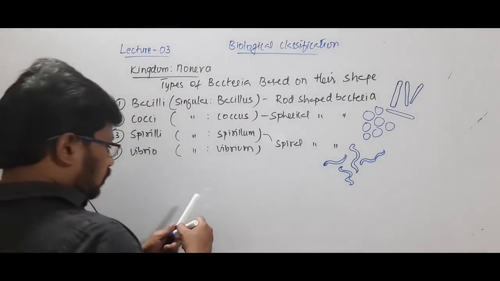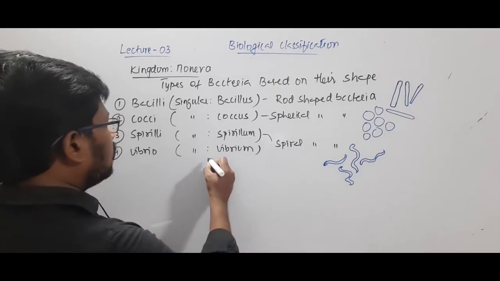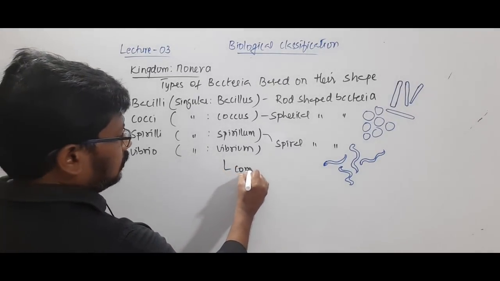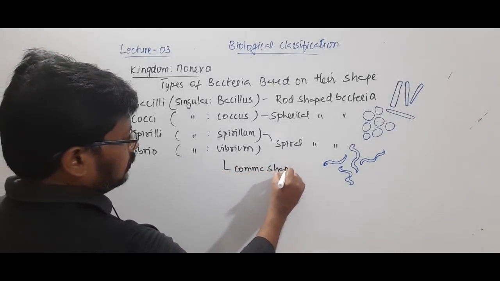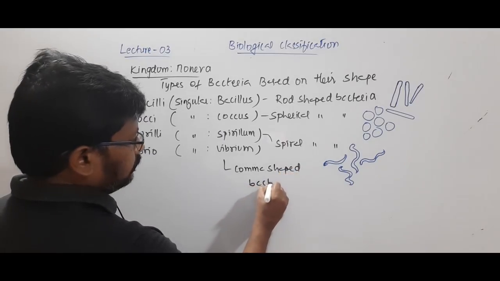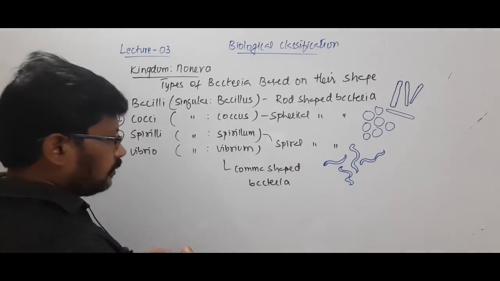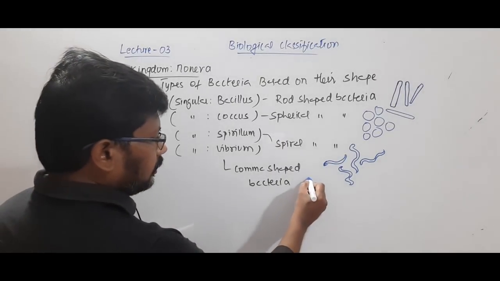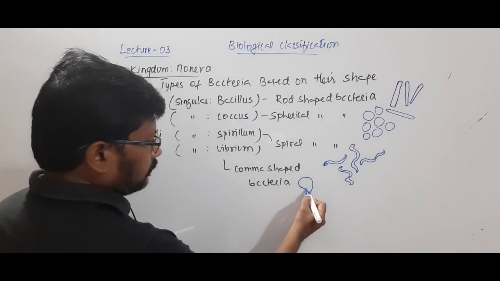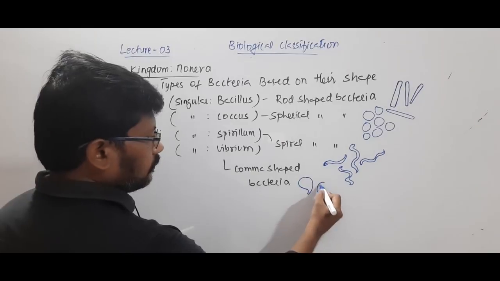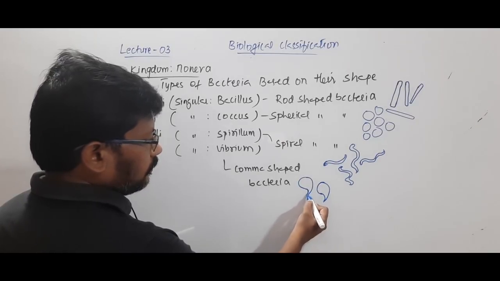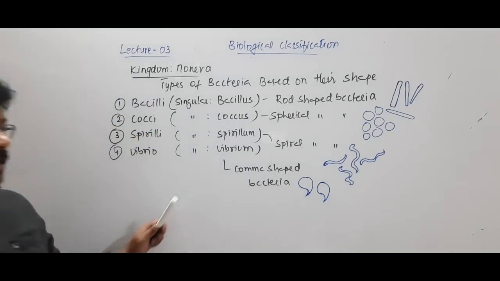And coming to vibrio, these vibrios are comma shaped bacteria, and they appear in this way. So they are comma shaped bacteria.